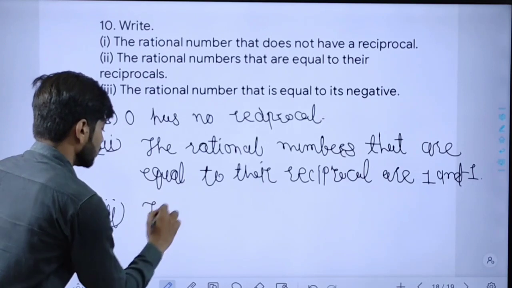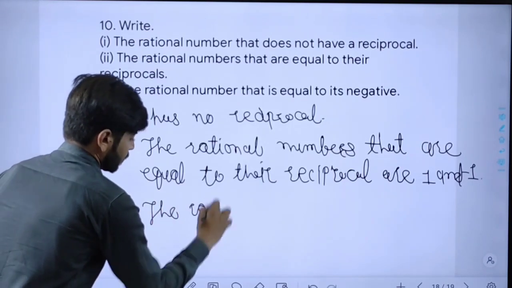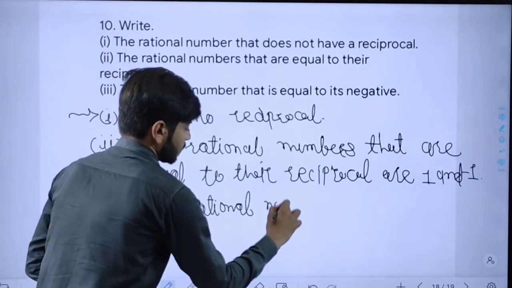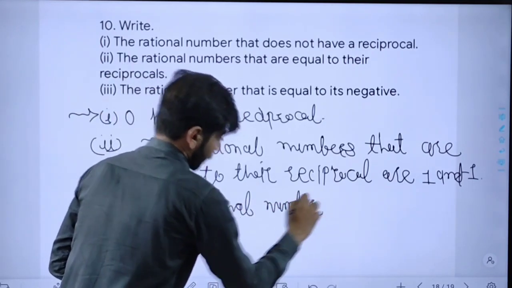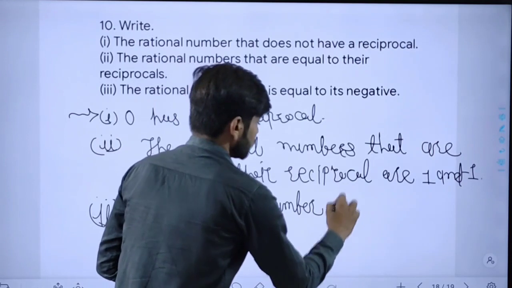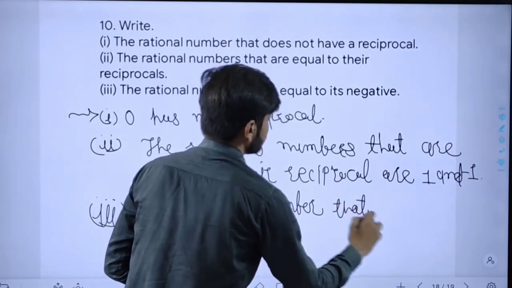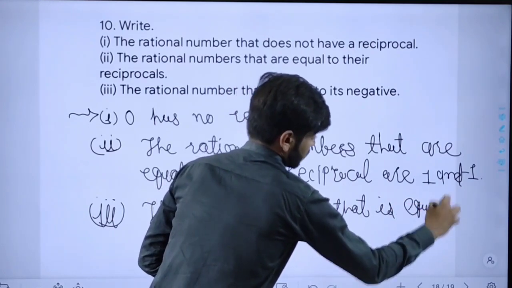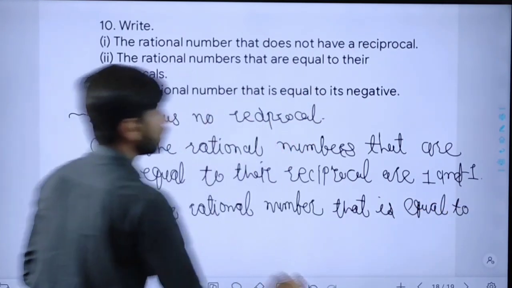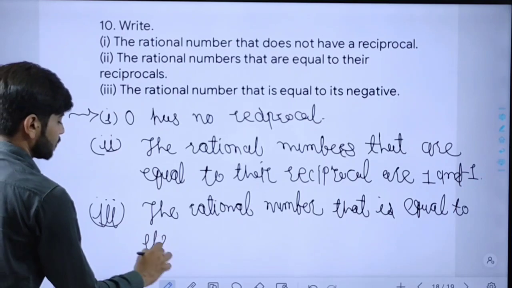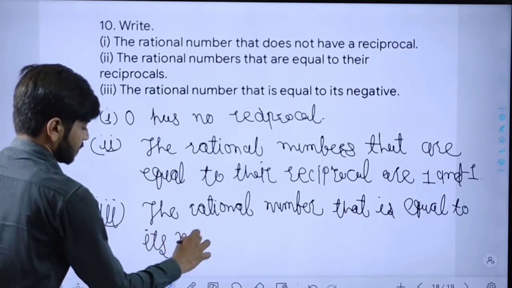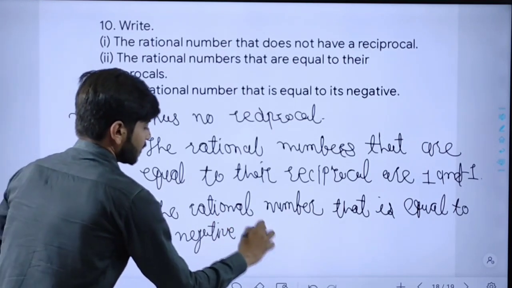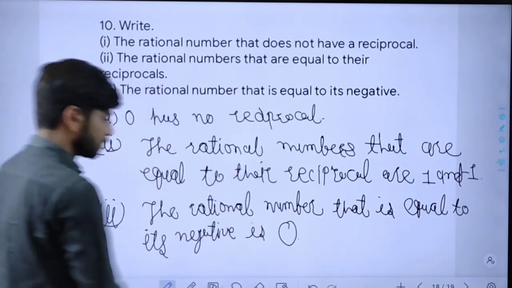So the rational number that is equal to its negative is 0.